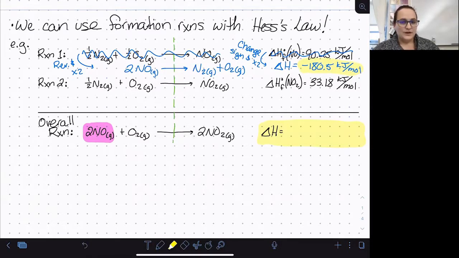For the next thing, we've put the NO where we need it. So we have 2 NO on the left side here, which is what we were looking to achieve. The next thing in my reaction, if we're just going in order, trying to make the pieces fit, is oxygen. But this one's a little more complicated because I have oxygen in reaction 2 and I have oxygen in reaction 1.